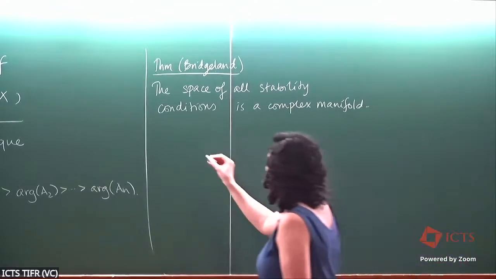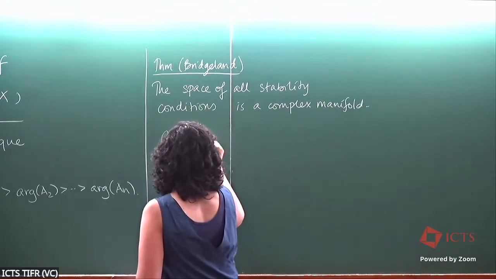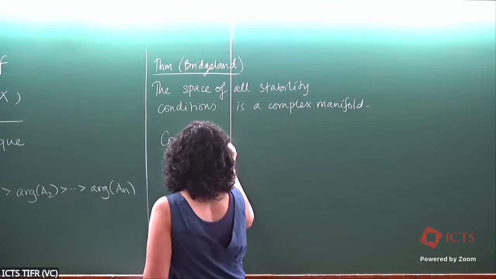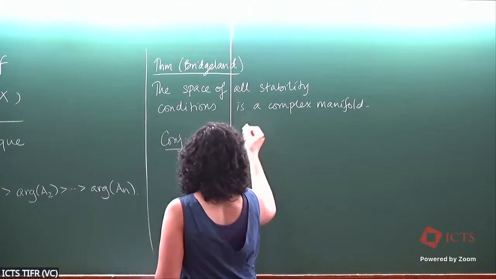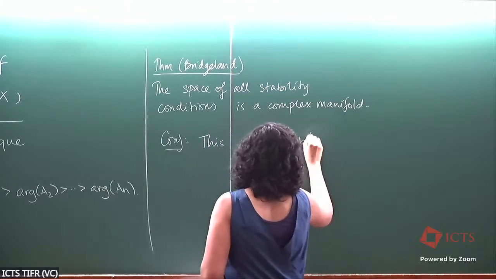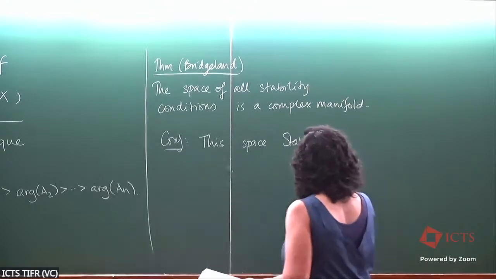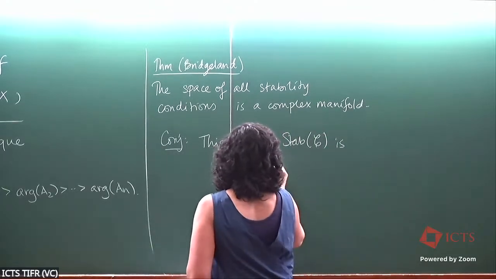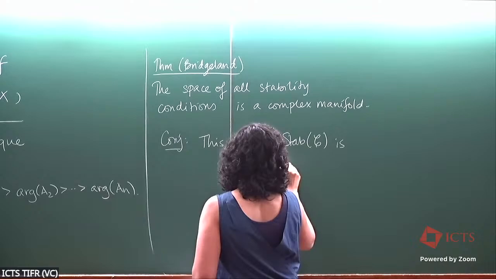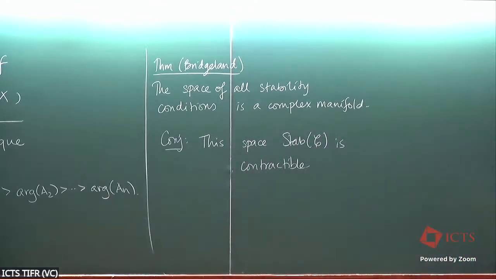And the conjecture is that this space, which I'll call Stab(C), is widely believed to be contractible, or let's say the connected component of it. This is the big conjecture.